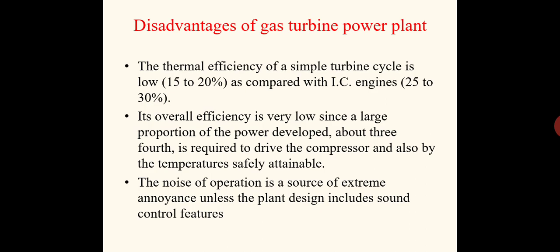That power, work output of the turbine, divided by initial heat input, that ratio is very low for the gas turbine power plant compared to the internal combustion engine. Usually the diesel engine will have efficiency of 25 to 30%, but the thermal efficiency of the gas turbine power plant is very low, 15 to 20%.